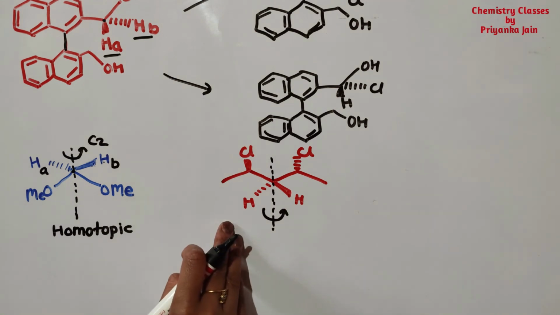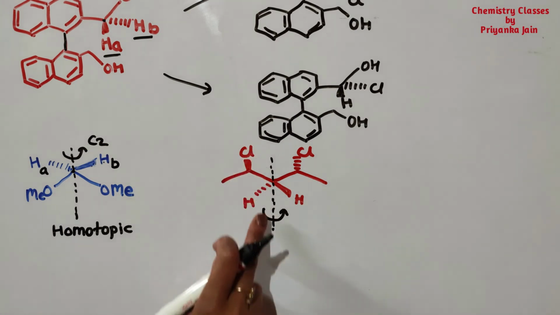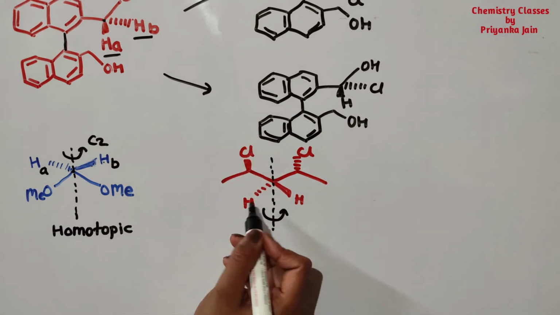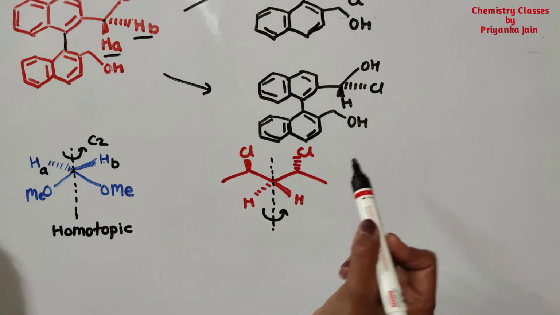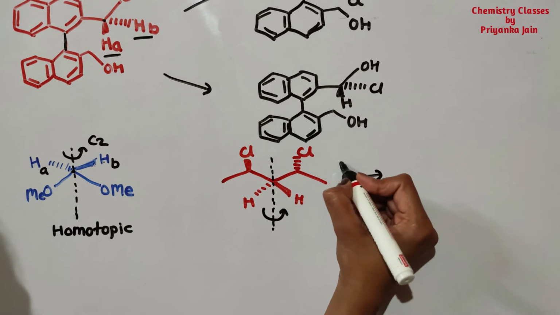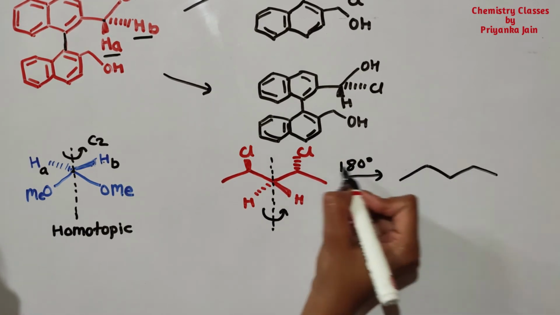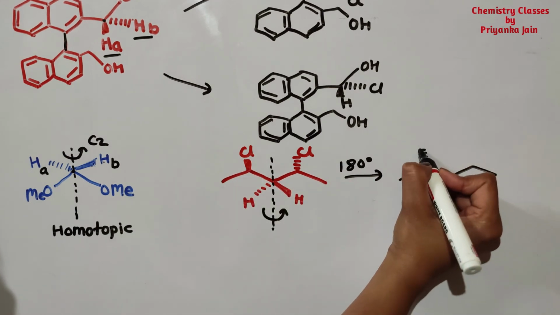If they are attached to the same carbon atom, then they are not constitutionally heterotopic, right? Then there is a C2 axis present. Why? Because if I am rotating this molecule about this axis by 180 degrees, then what will happen?